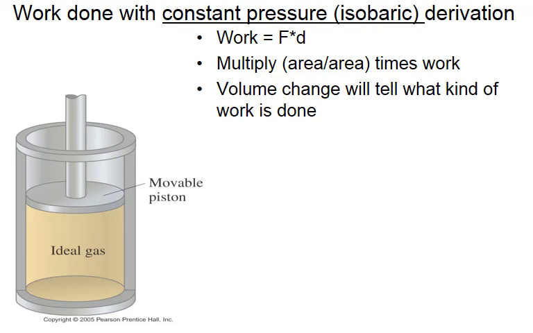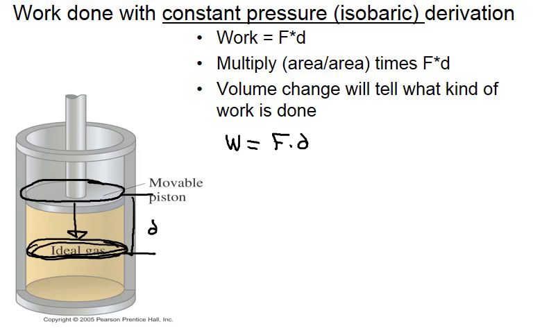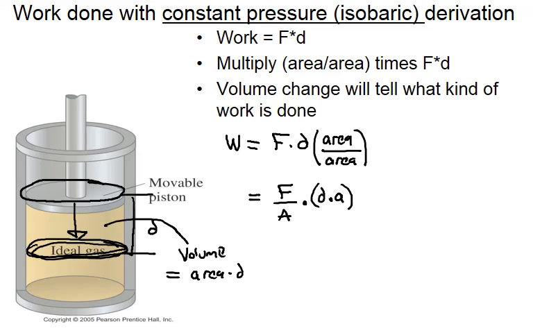Now, if we consider this gas inside, and let's say we have a certain force that's bringing this piston down like this, over a certain distance. Well, if we look at work, work is force times displacement. If we multiply by area over area, which is essentially 1, so this area right here, the area of the piston, we know that force over area is pressure.